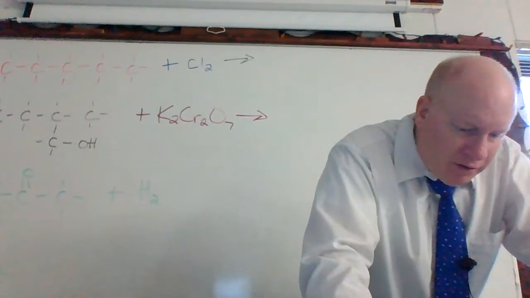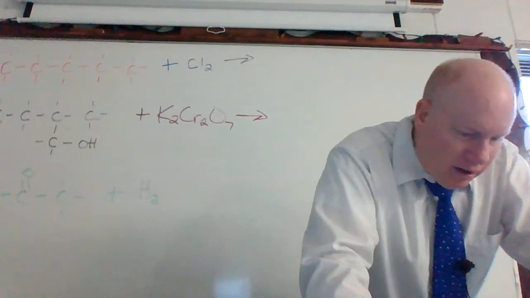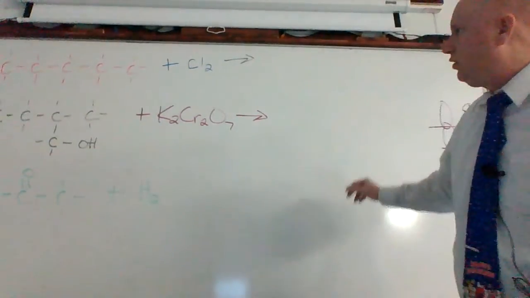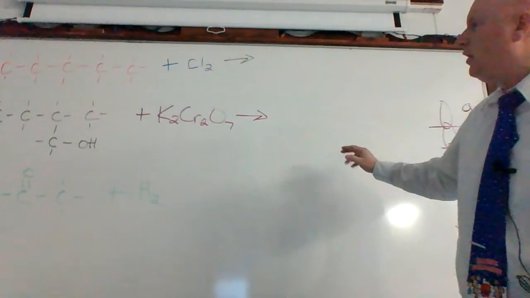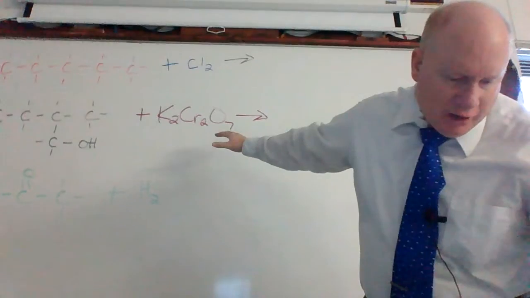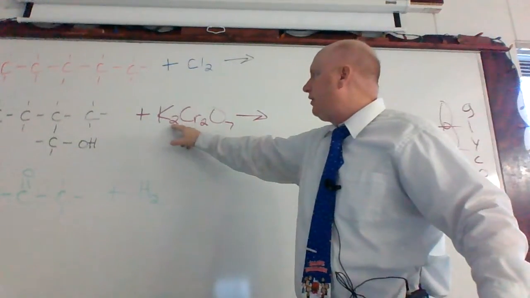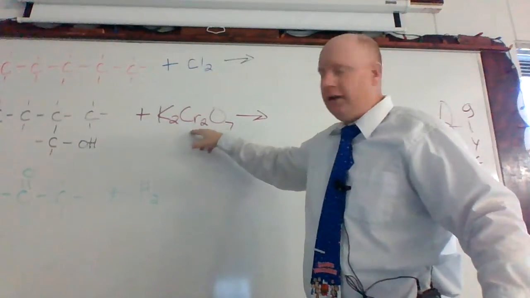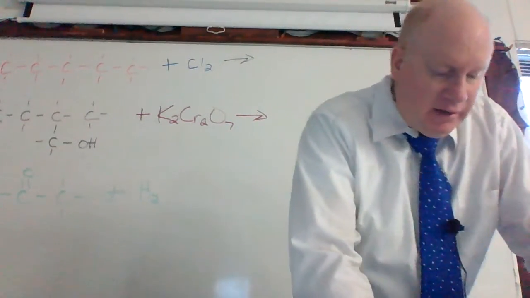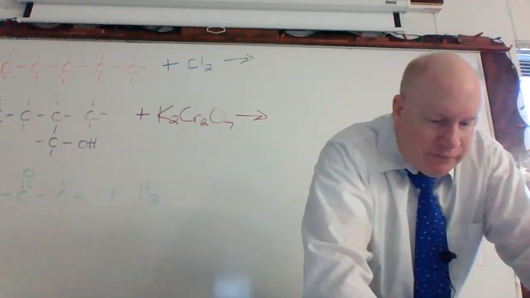Two of the most commonly used selective oxidizing agents are permanganate, which is MnO4, but we just choose to write it as KMnO4. And then the other one is Cr2O7, where here we see potassium dichromate. That's another oxidizing agent, K2Cr2O7, which has a -2 charge.